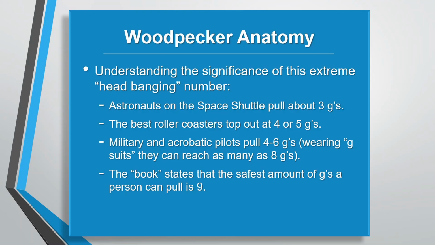While wearing G suits, they can reach as many as 8 or 9 Gs. Anything beyond 8 is very difficult to tolerate for any length of time because, as you say, the book states that the safest amount of Gs a person can pull is 9. And with these kinds of numbers here, we're talking about the head-to-toe or the negative G-forces.